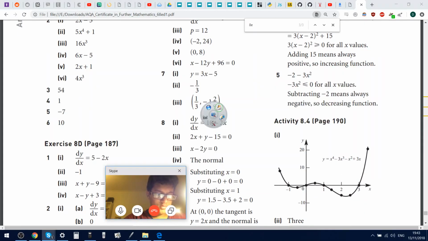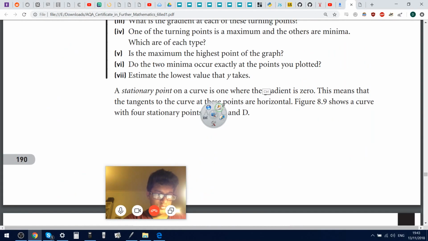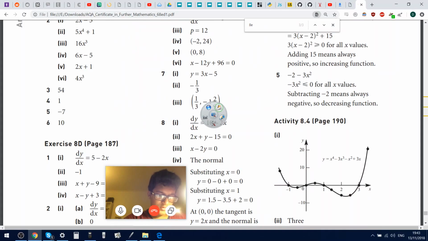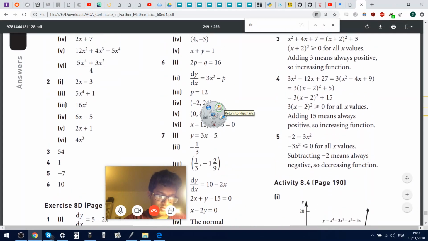Am I doing something wrong? So I should go up to question 5. That goes up to question 5.